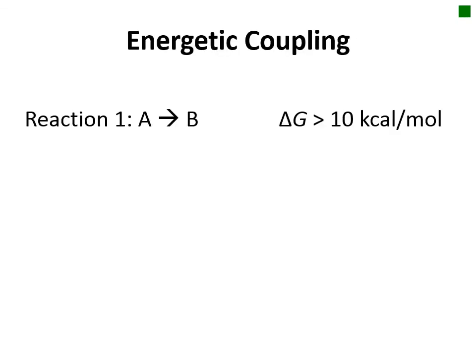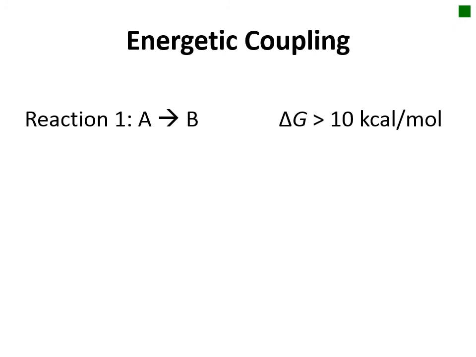If chemical reactions with positive delta Gs are non-spontaneous, how do these reactions occur in a cell? In this example, we have one chemical reaction where reactant A is converted to reactant B. In order to occur, this reaction needs 10 kcals per mole of energy put into the system.